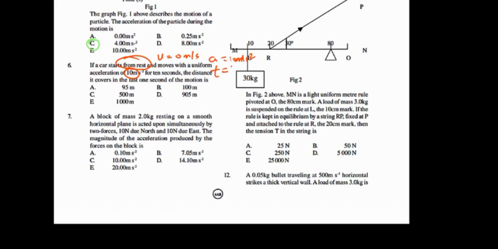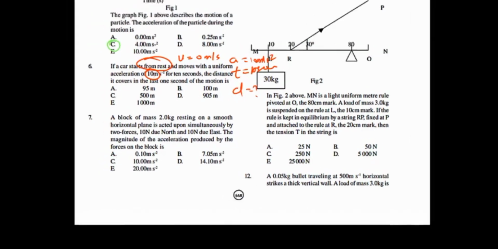So we're going to be looking for the distance, right? Distance is question mark. Okay, so in this case, let's look at the conditions very well. Whenever a body starts from rest and has acceleration over a particular time, the distance can be calculated using the following: s equals half g t squared.